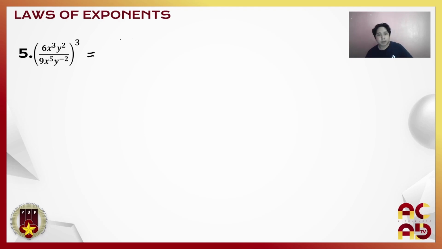So, we have 6, then x cubed, minus natin sa 5, then y squared, minus natin sa negative 2, then sa over, ang matitira na lang is 9. Then, cube.